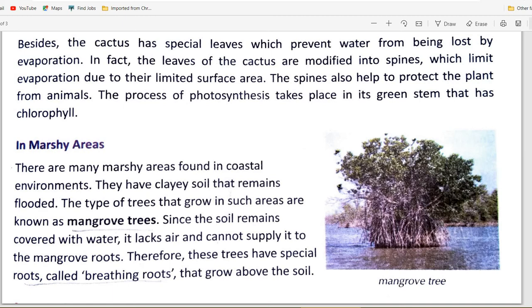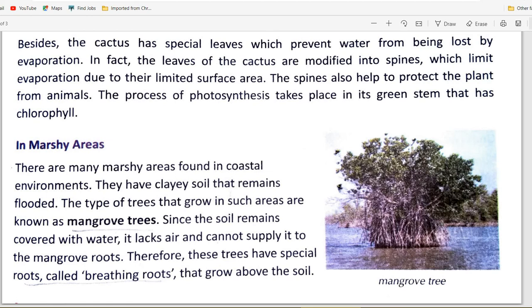And in the desert, we know the plants have special features to survive in desert areas. They do not have flat leaves, they have spines instead of leaves, and the food is prepared in the stem because water is stored in the stem, and chlorophyll, means green color, is also present in the stem.